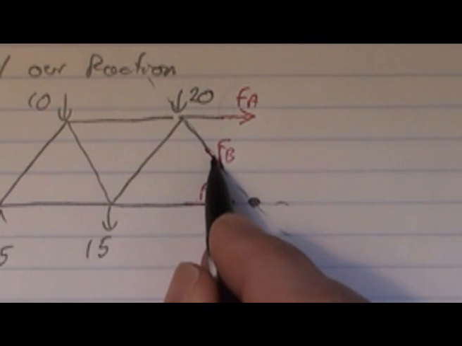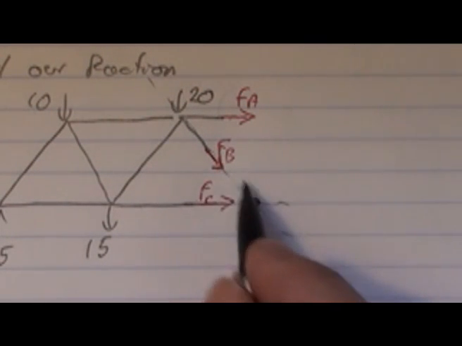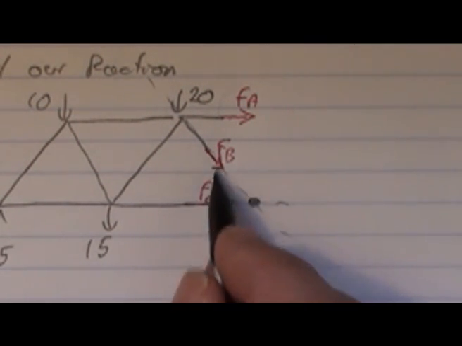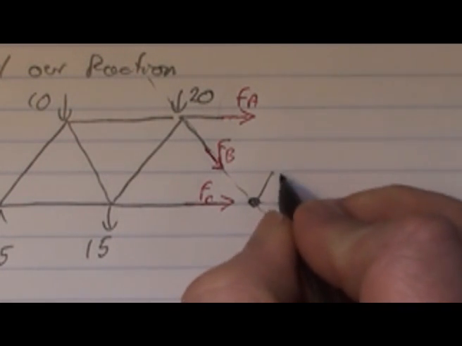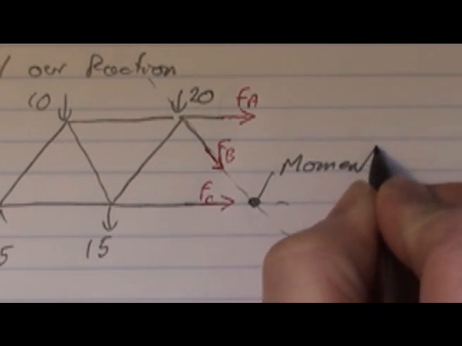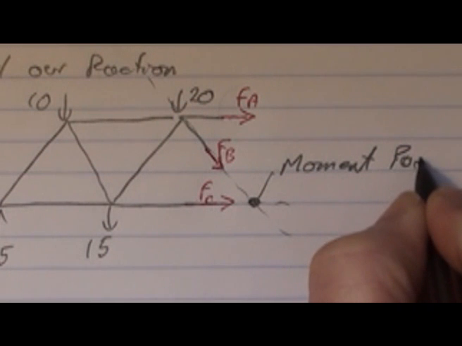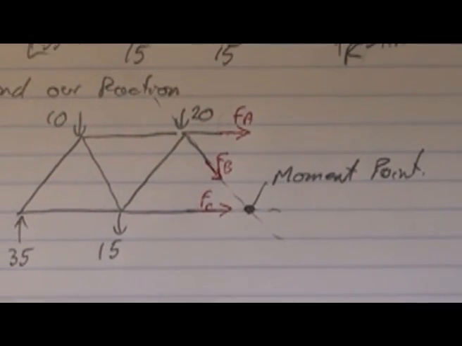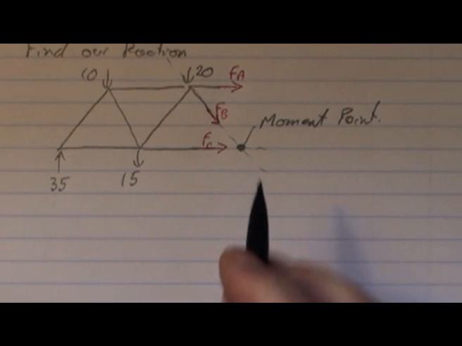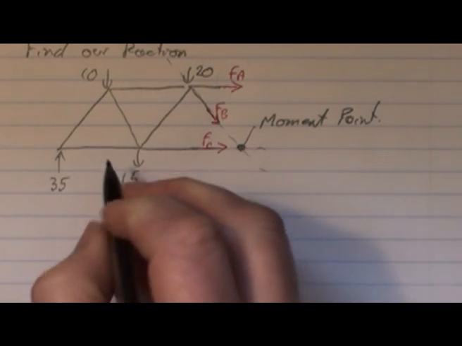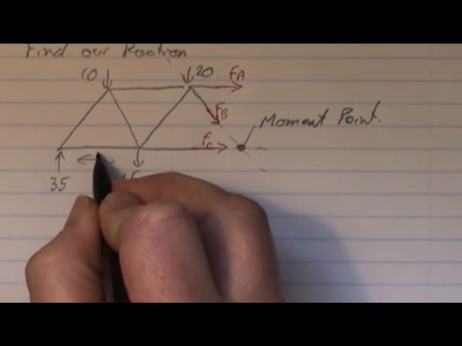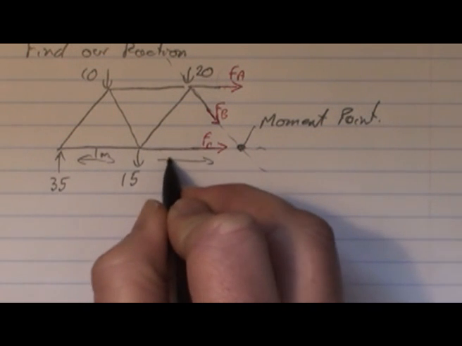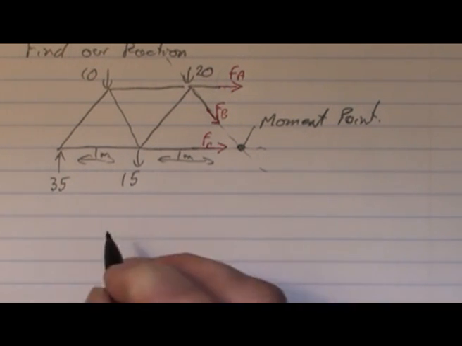Therefore FB and FC will have no moment about that point, so I don't need to know what they are. So this is my moment point. Each one of these links through here is 1 meter. This one is 1 meter.